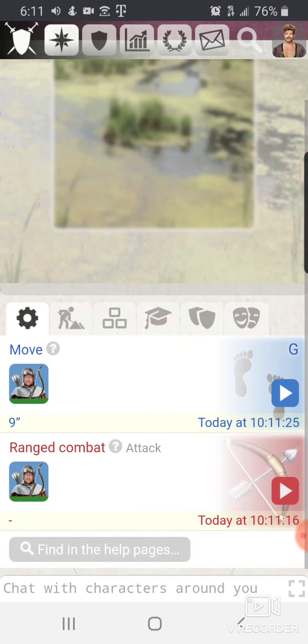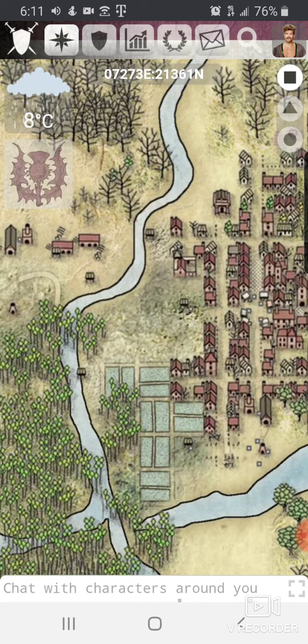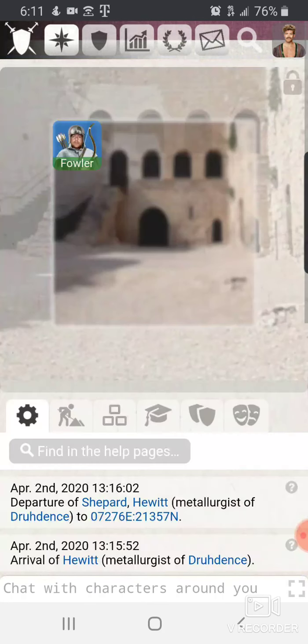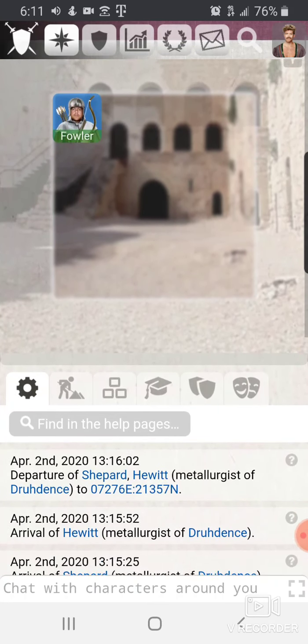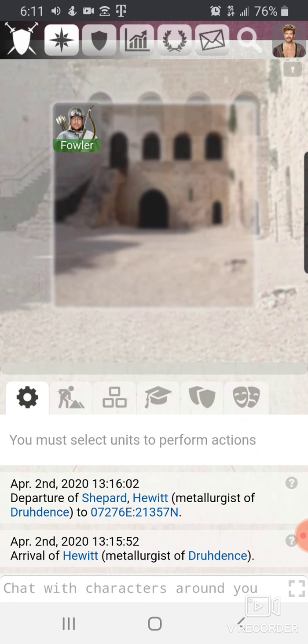Sorry about that. You can see that he can attack with ranged. If you have melee units in the same tile, you'll get actions. I'll just move here real fast. A little bit of action going on in the background, but that's okay.